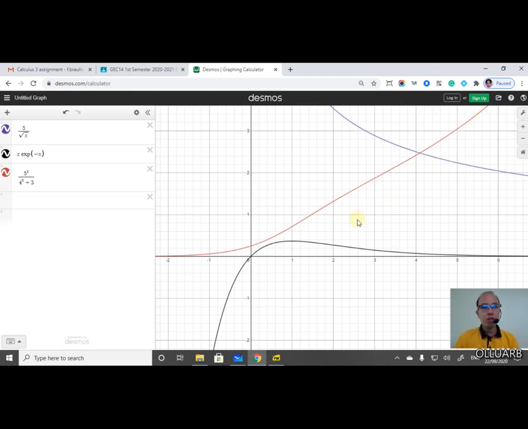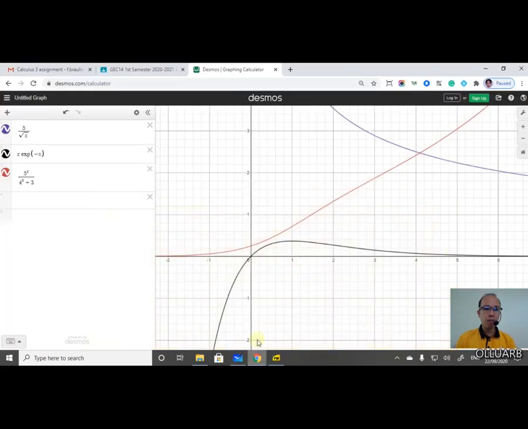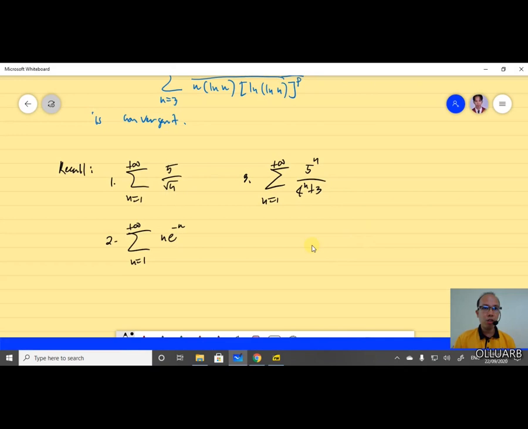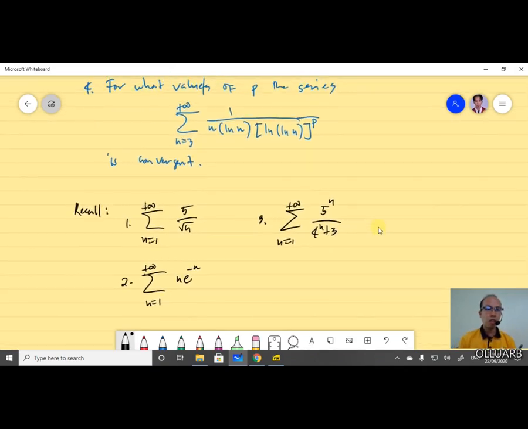So this is the reason why I write in the solution that the function is obviously continuous and positive valued because it is above the x-axis, but the function is not decreasing, as you can see here. That's the reason why I did not write the continuity part and the positive valued part.